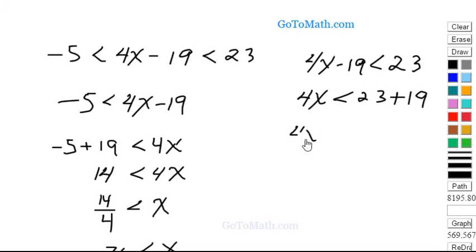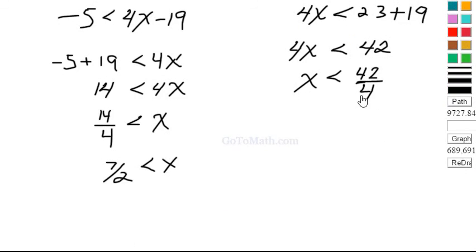So we have 4x is less than, so what do we got going on here? 23 plus 19 is 42. Does that sound right? I hope that's right. Let's see. 9 plus 3 is 12, right? 12, yeah. Okay, 42 over 4.